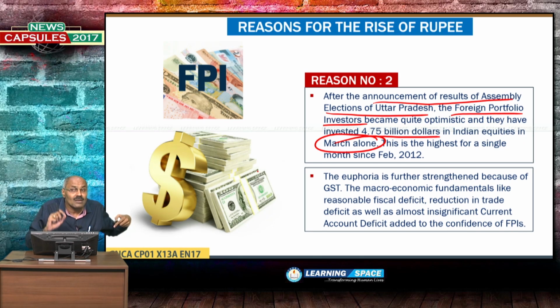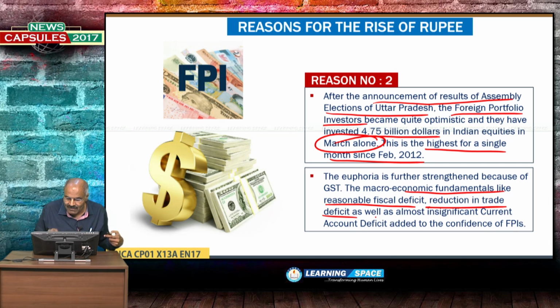In March alone, around $4.75 billion was invested in Indian equities, and this is the highest for a single month since February 2012. And there are other reasons for the euphoria. The other reasons are the introduction of GST, and at the same time macroeconomic fundamentals like a reasonable fiscal deficit, reduction in trade deficit, as well as an almost insignificant current account deficit.